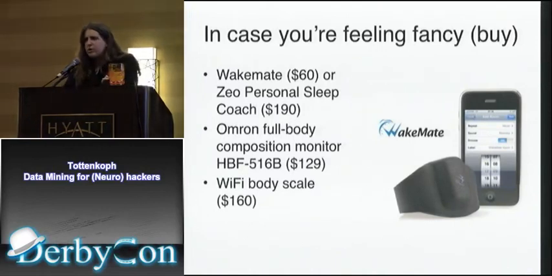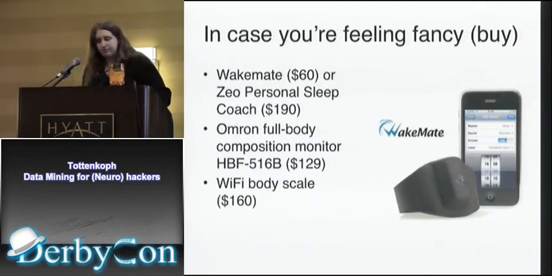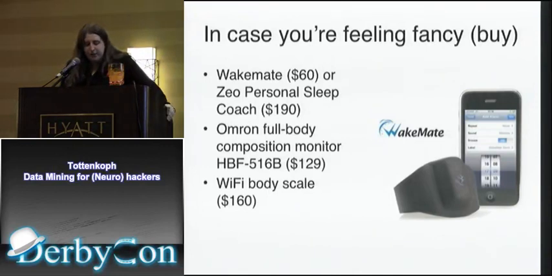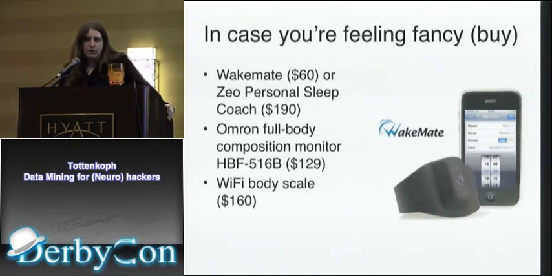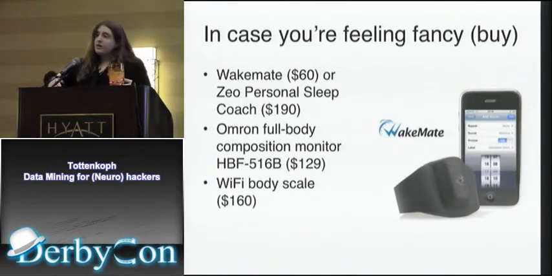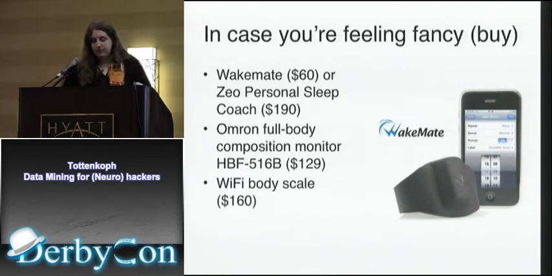I think it also tracks heart rate, and the WakeMate at least hooks up to your iPhone. There's the Omron full body composition monitor, which is about 129 bucks, and there's the Wi-Fi body scale, which is 160. What that does is it tracks your weight and your BMI and your height, and then it sends it wirelessly to your computer for you.